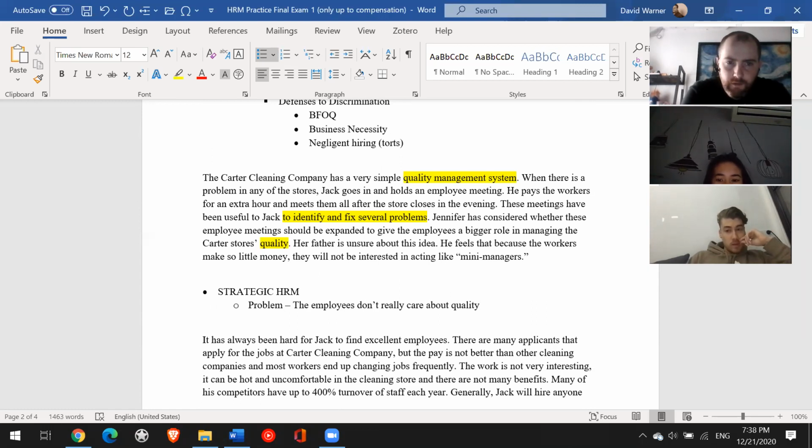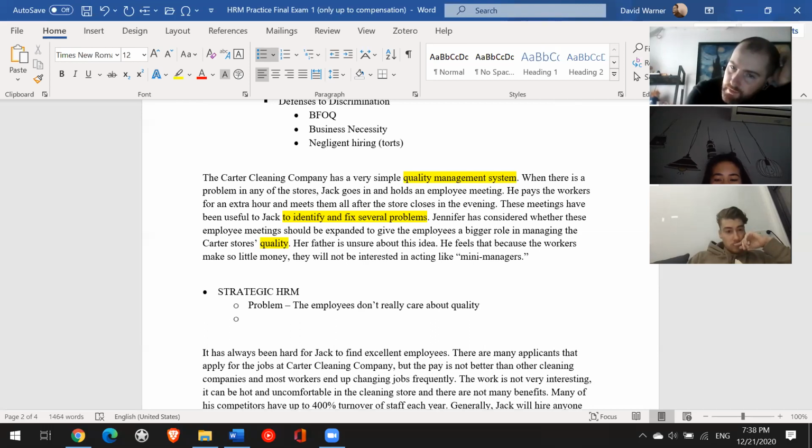Something like that. But I don't really know that there's a problem. So for strategic HRM, what will we talk about? Well, the first and biggest point is the hierarchy of goals. So what's the hierarchy of goals? Can anybody tell me that?